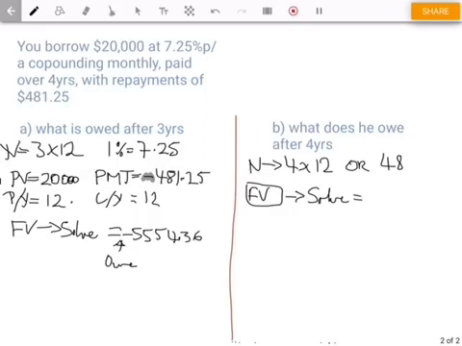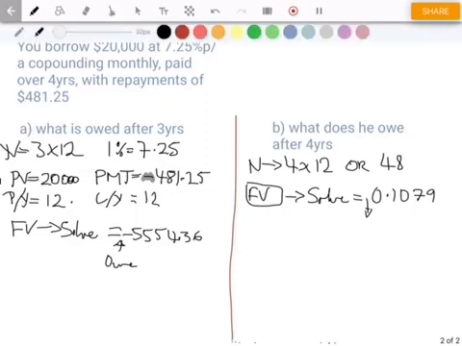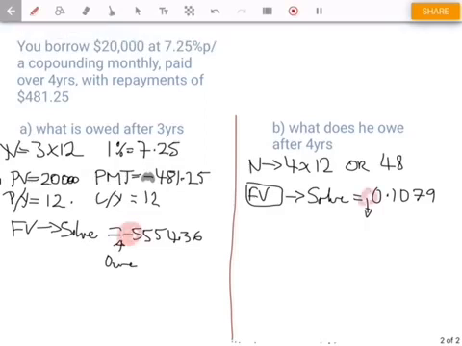and what you'll get is that after 4 years, as we said, that's the period over which we want to pay it, the value of the loan is $0.1079, or cents. Now you'll notice that this time, as opposed to our previous example, we've come up with a positive.